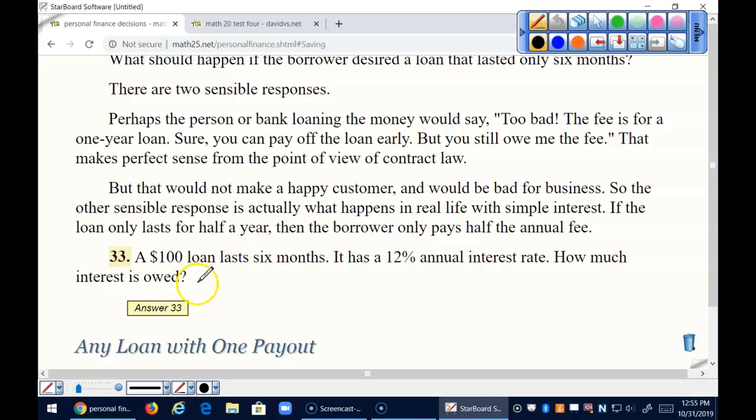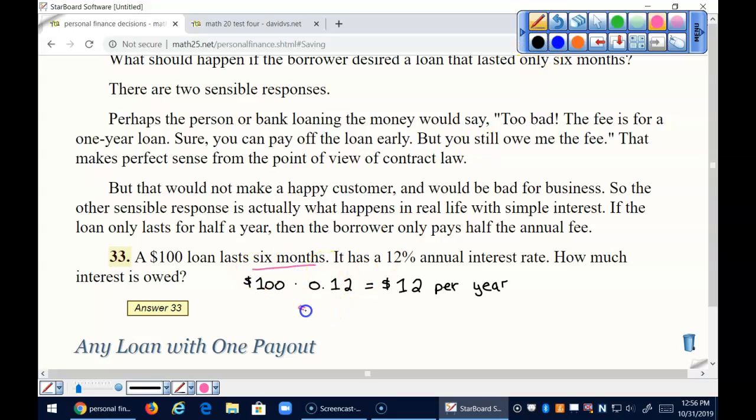So let's do 2 more examples. Now let's take the 100, multiply it by the 0.12, even though we've done this so often. So if it was a whole year, we'd pay 12, but it's not. Instead, it's 6 months, so half a year.